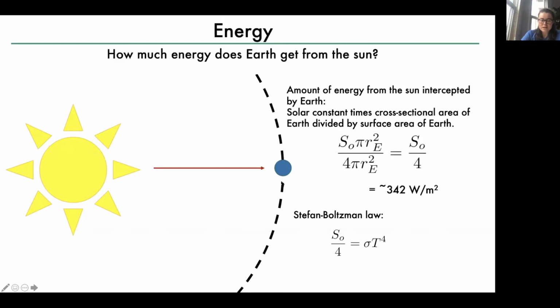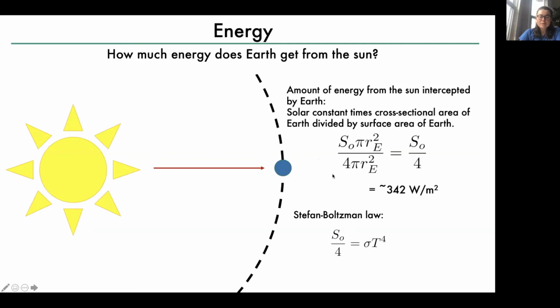So if you were to take a cross section and cut through the Earth, or maybe if you were to think about the Earth casting a shadow on a wall over here, and it would be making a circle, the area of that circle, divided by the total surface area of the Earth is going to be the amount of energy that the Earth is intercepting. So you can just cross out some of these constants, and you end up with the solar constant divided by 4.